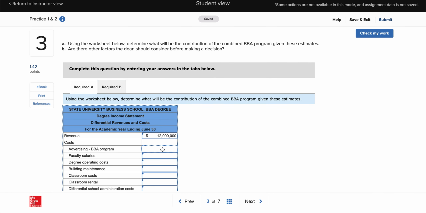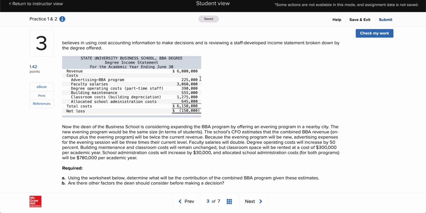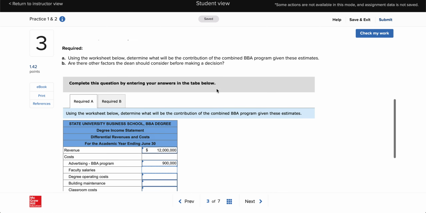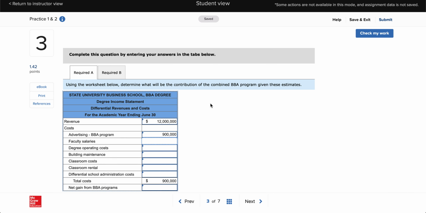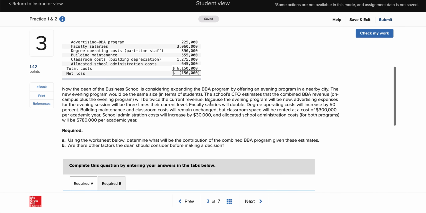So that would actually give us $900,000. That's the 225 plus 675,000 additional for the new program. The faculty salaries, they tell us, would be 2 times or twice the current amount.